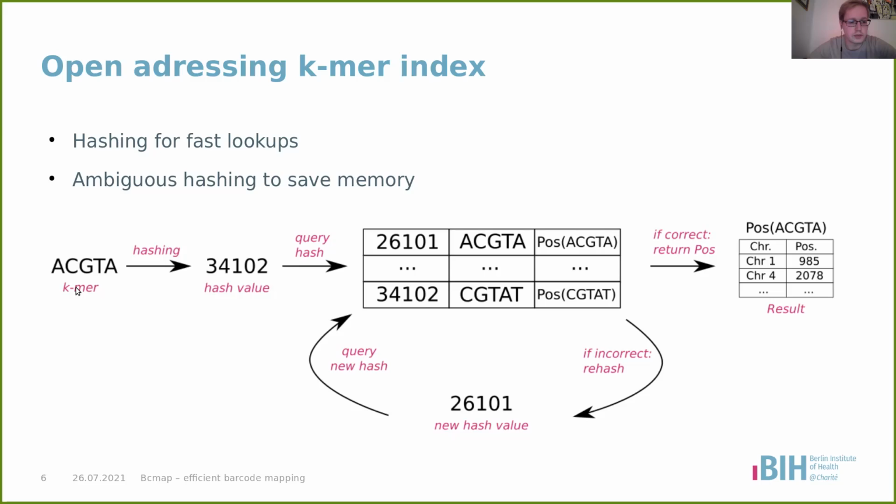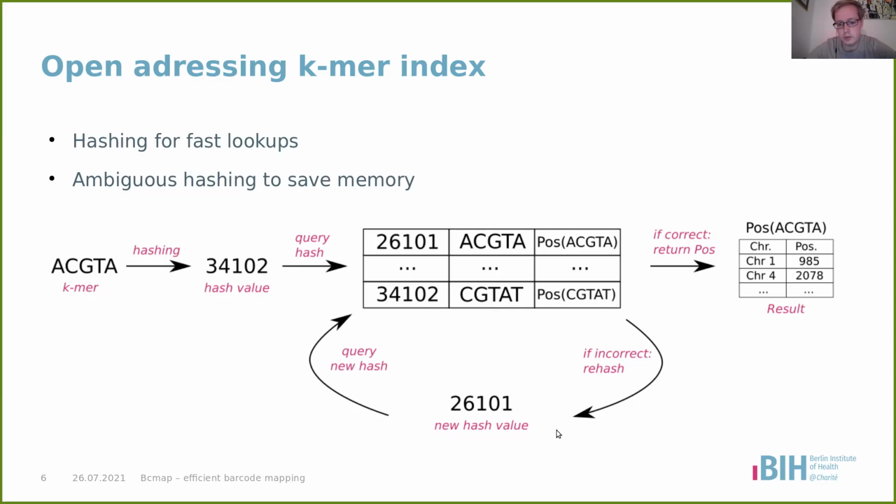So the workflow is as follows. We take the KMA, we calculate a hash value, and then we query that hash value. Now it might happen, due to the ambiguity, that the position in the hash table is already occupied by another KMA, and we would see this by this identifier.